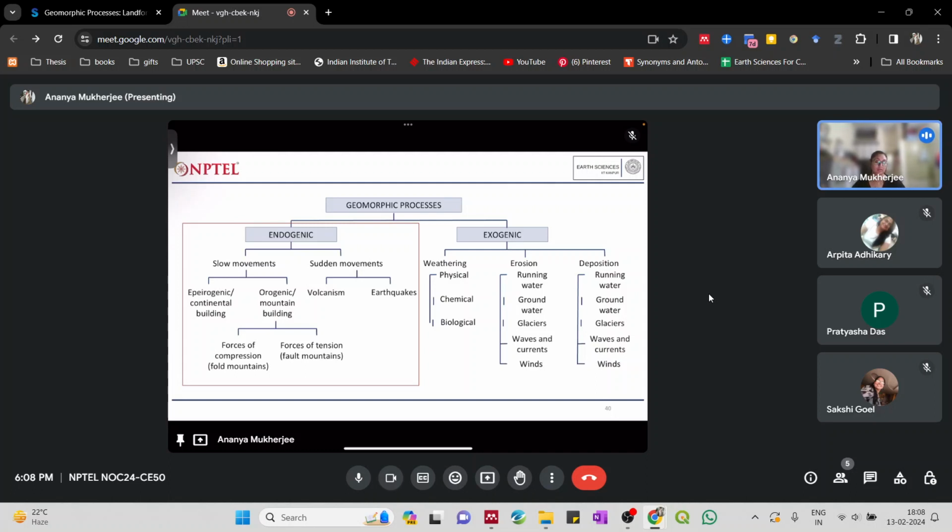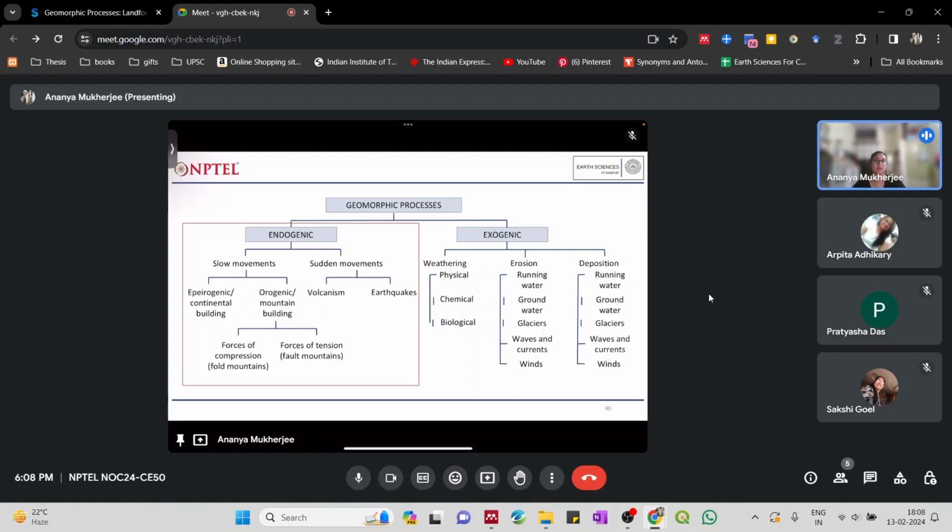So we have continental building, mountain building processes. Then we have some destructive processes also like volcanism and earthquakes. And there are two kinds of mountain building processes that we see.